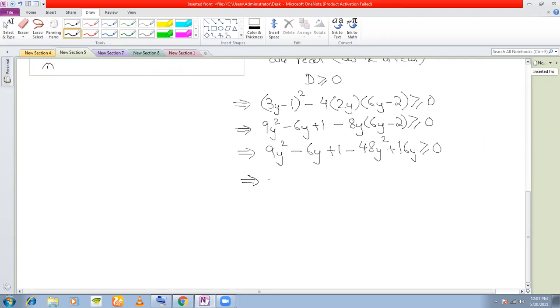Now you simplify this, you'll get minus 39y square plus 10y plus 1 greater than or equal to 0, right? Now you can factorize this, right? What are the factors? Minus 13 and plus 3.